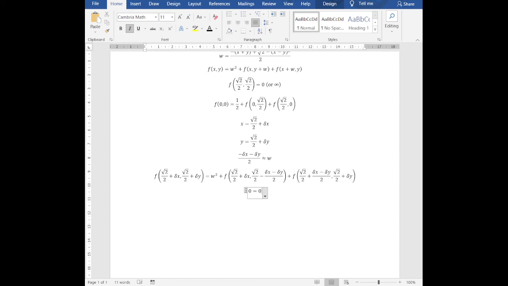Because what that implies is that the gradient at that point can be anything. Now that could mean one of two things. But it feels like it might mean that this actually does go to infinity.